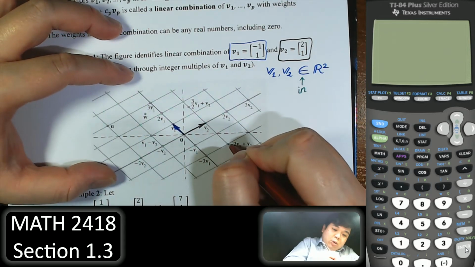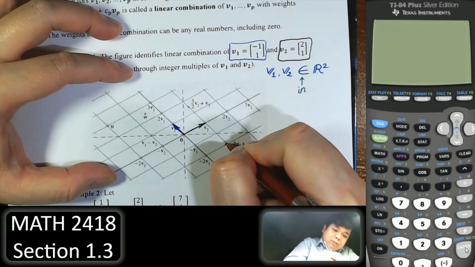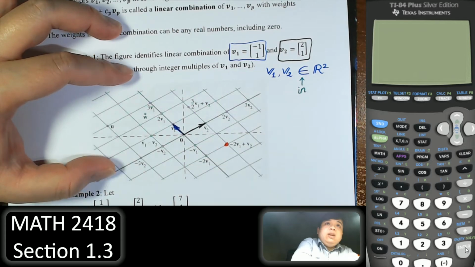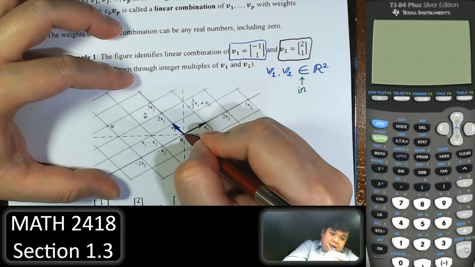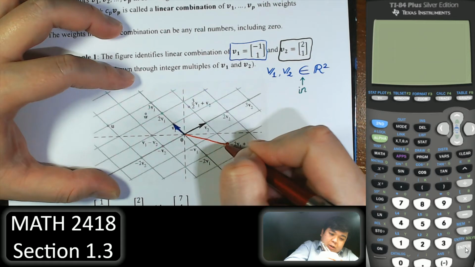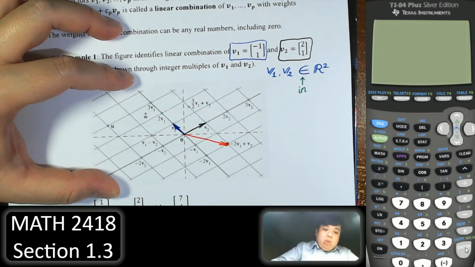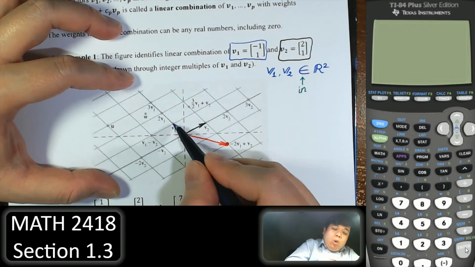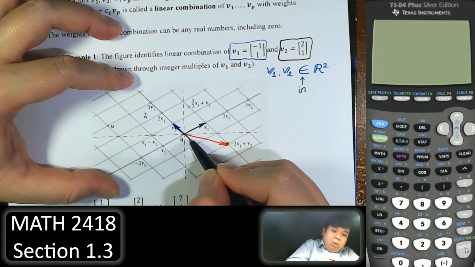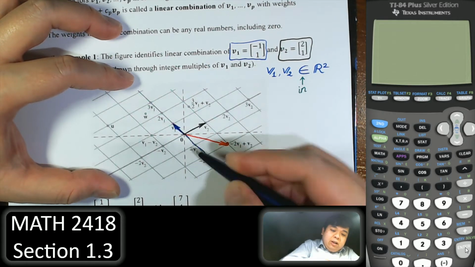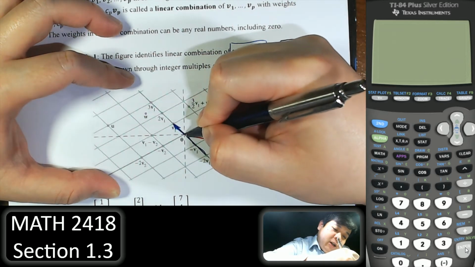Let's say we want to go to this point. What does this vector represent? To get to that point, we go in the v1 direction, one step, two steps. So this is negative 2v1.